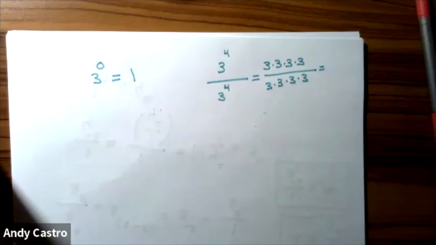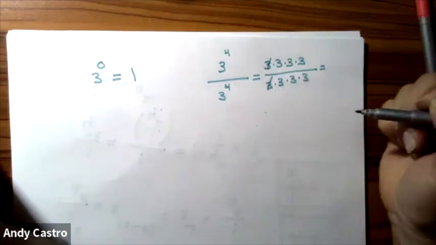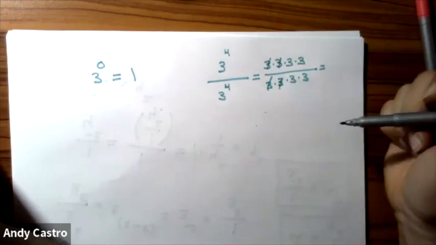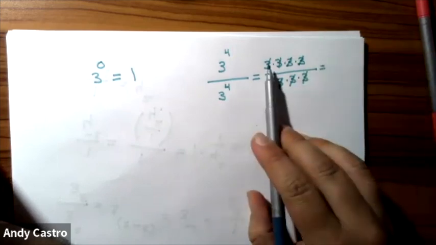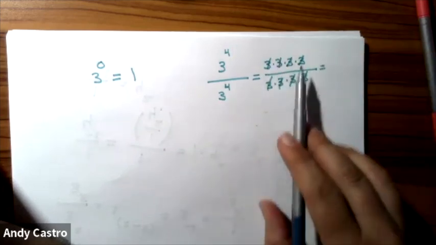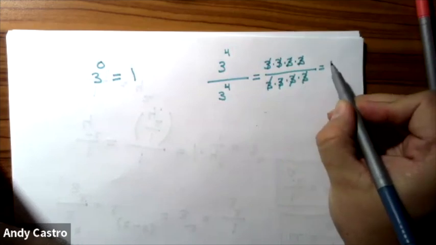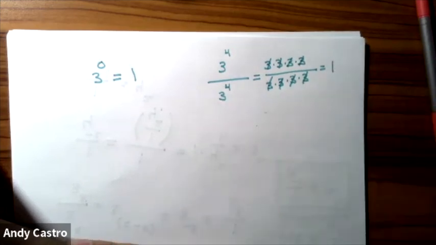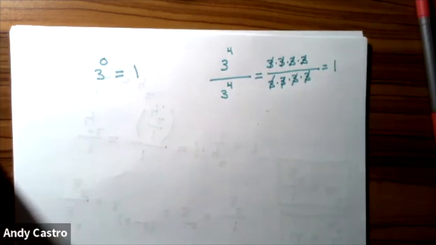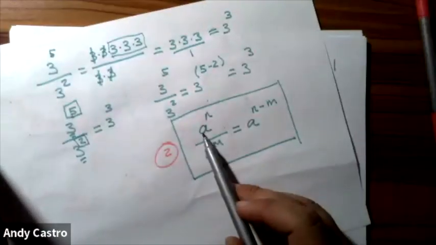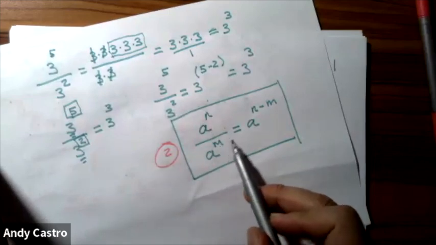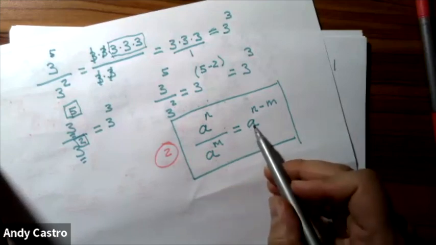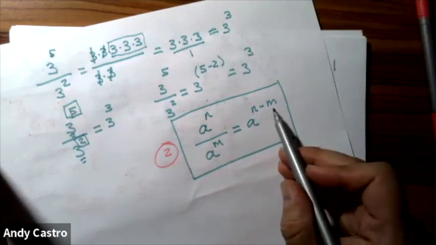Well, watch what happens. This 3 and this 3 cancel. This 3 and this 3 cancel. And they all cancel into 1. So you basically have 1 times 1 times 1 times 1. So that just leaves you with the number 1. Now, if we apply that second rule, remember that second rule that we looked at, a to the n divided by a to the m is a to the n minus m.